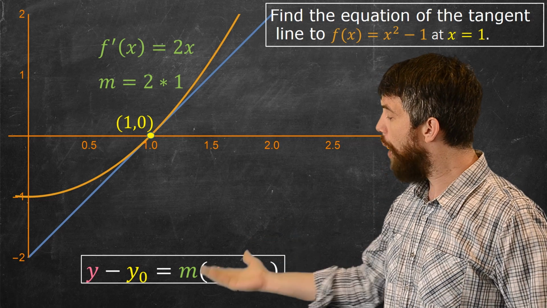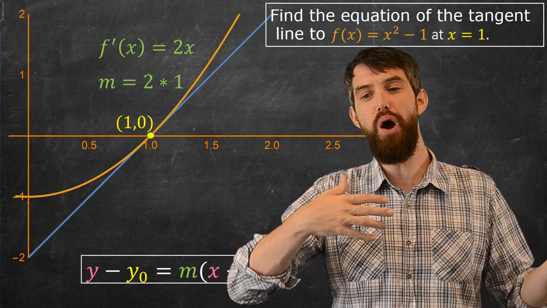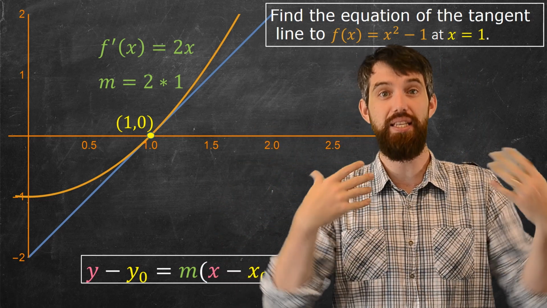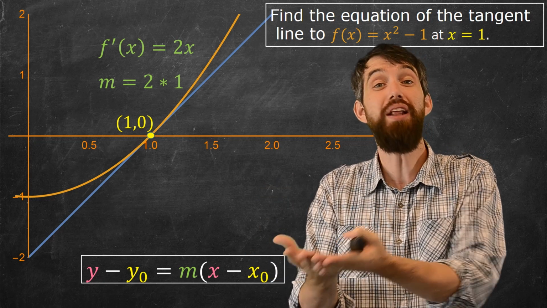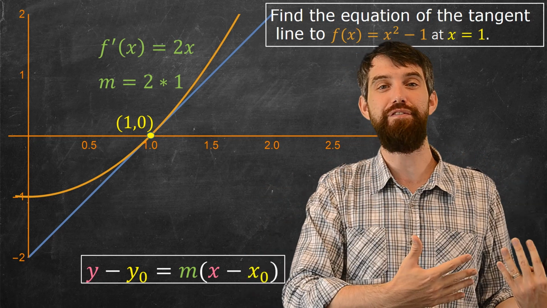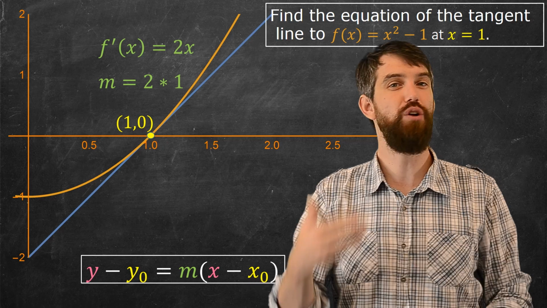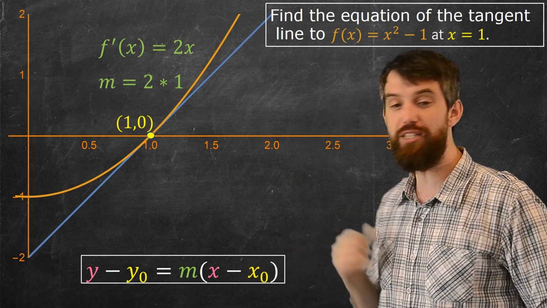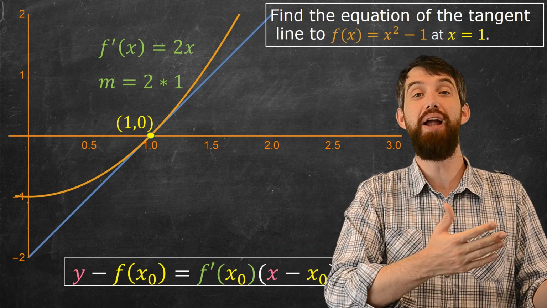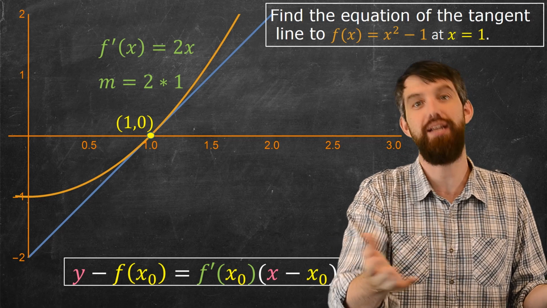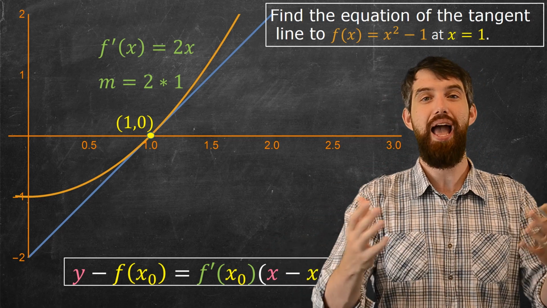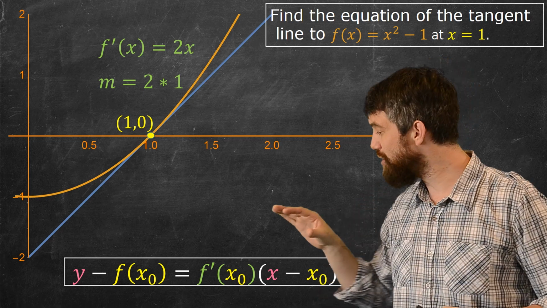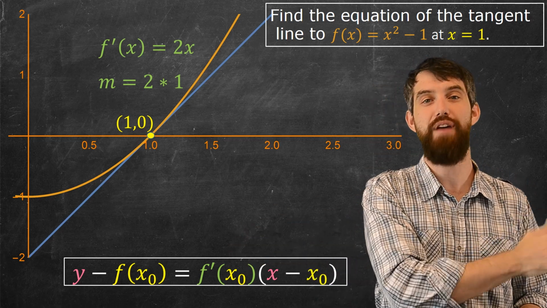And in place of the y naught, if you know what the x naught was, in this case it's the value 1, then the y is just f of that value of 1. If I make those two substitutions, I get y minus f of x naught, instead of y naught, is equal to the derivative at x naught times x minus x naught. You put any value of x into here, you'll get the y value out.